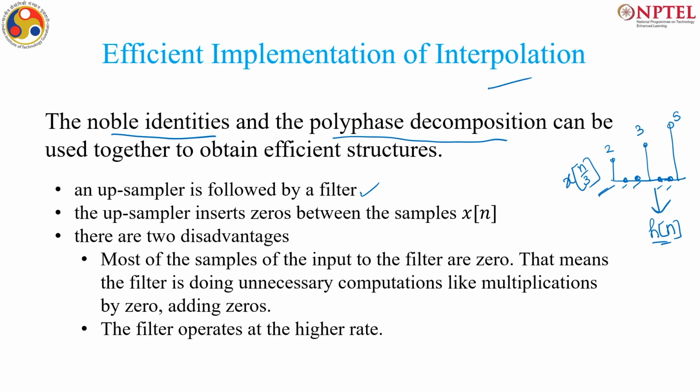Although these are required, we are wasting some resources. In other words, this is operating at a higher sampling rate, but this high sampling rate mainly consists of a lot of samples which are zeros. That is, most of the samples at the input are 0 and the filter is operating at a higher rate. So, can we do better?